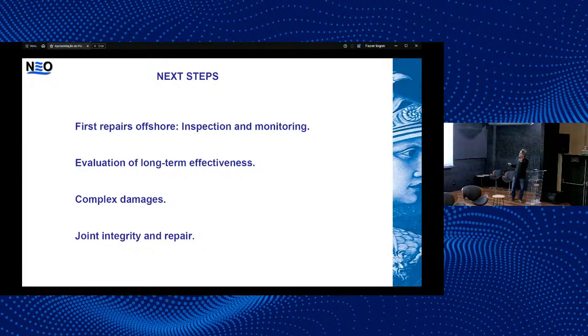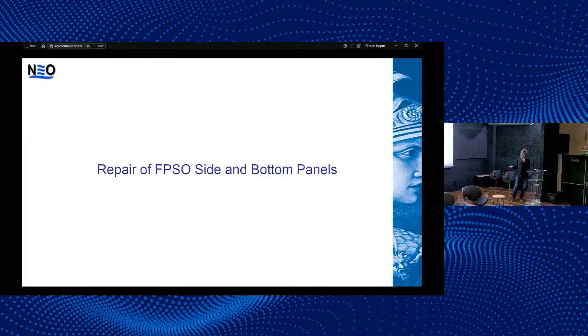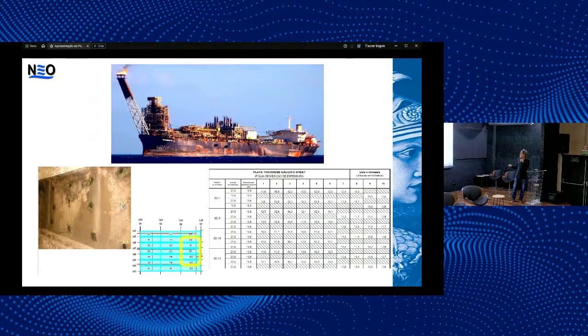We are also trying to understand the long-term condition of the repair, study behavior of complex damage, go deeper into the joint integrity and repair, and connect to inspection strategies and monitoring. So in a similar way, we are studying repair of FPSO side and bottom panels.